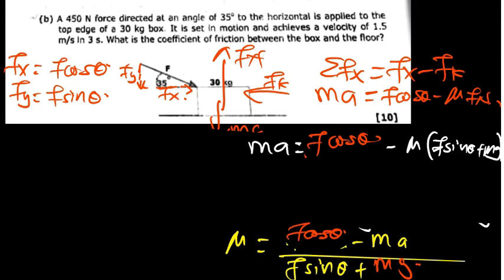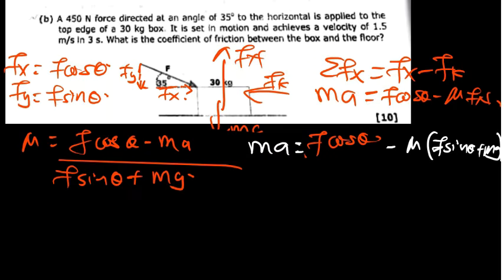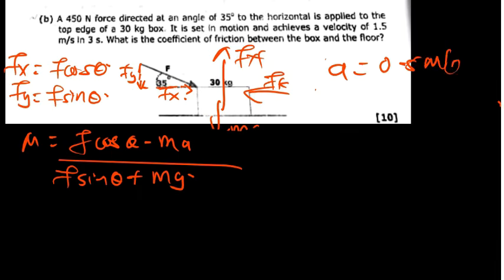So mu is going to be equal to f cos theta minus ma, divided by f sine theta plus mg. And remember we have found our acceleration already to be 0.5. Let's not forget, we have found our acceleration to be 0.5 meters per second squared.